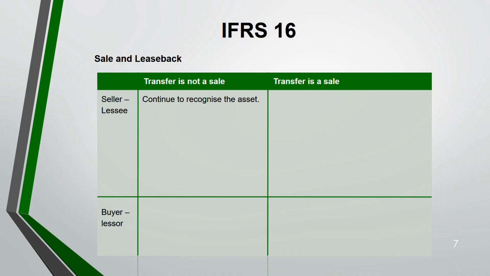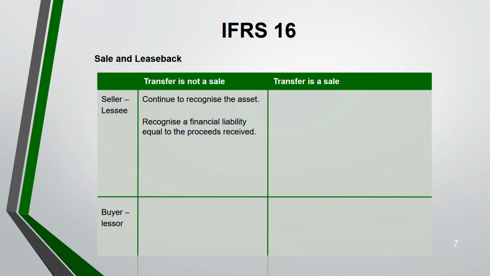Okay. If it's not a sale, the lessee, who is the seller here, will continue to recognize the asset because it's not a sale. So they will recognize what? A financial liability. Why? Because they have to pay now. See, it's a seller-lessee, right?